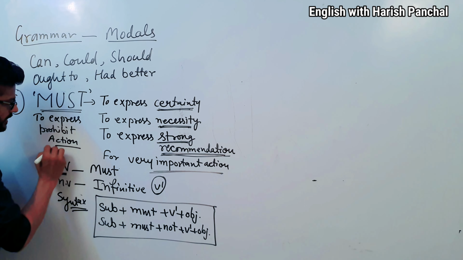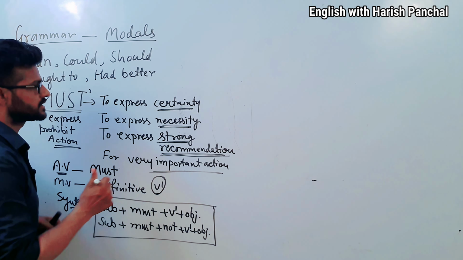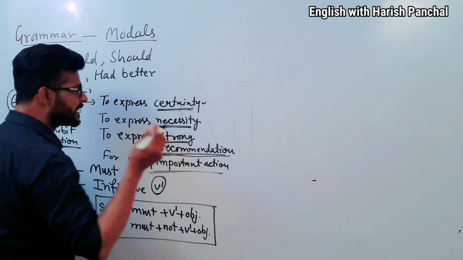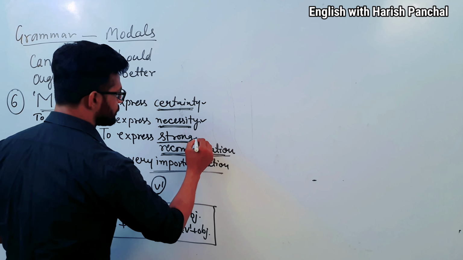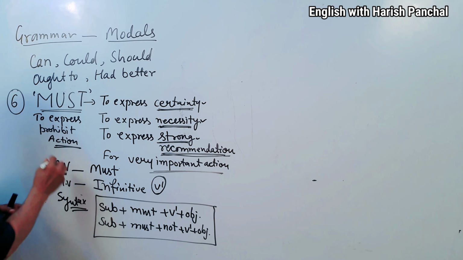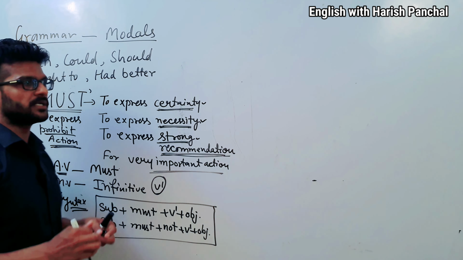Now there are four uses of must. The first use is certainty, the second is necessity, the third is strong recommendation, and the fourth is prohibited actions.